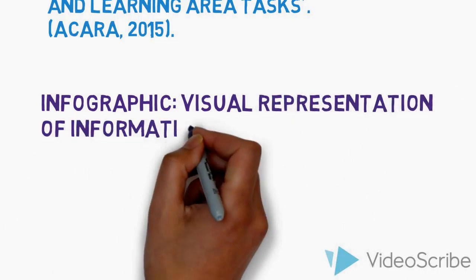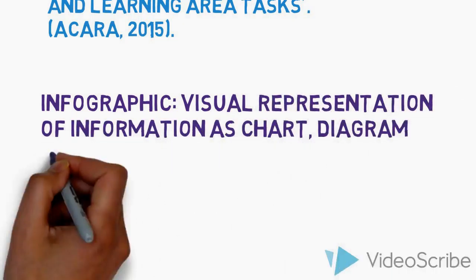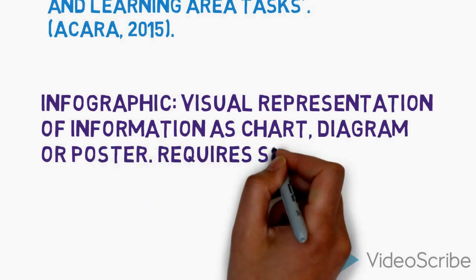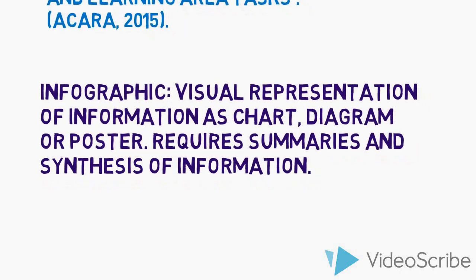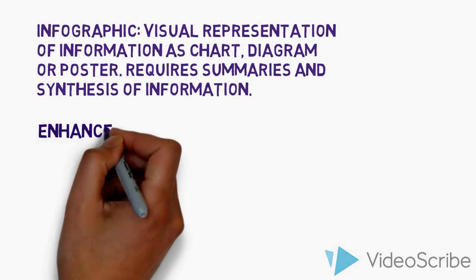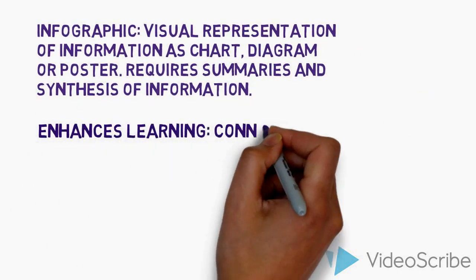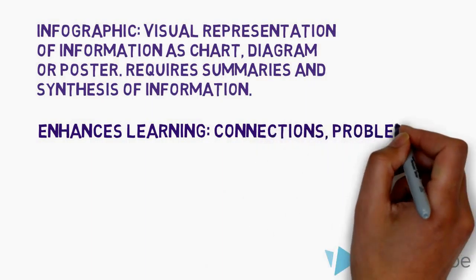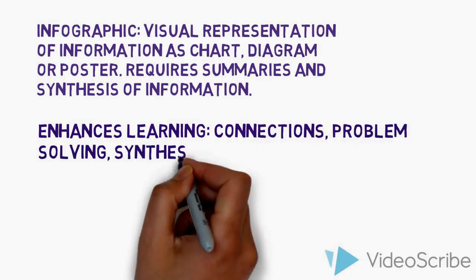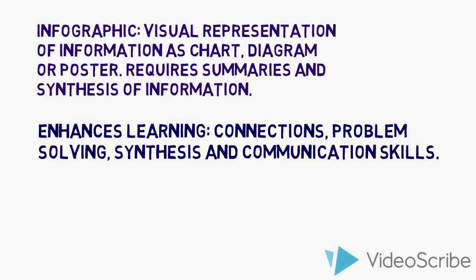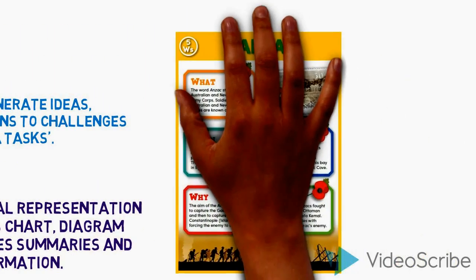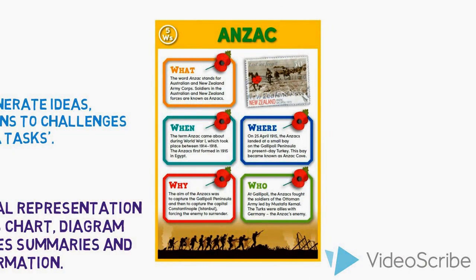An infographic is a visual representation of information organised as a chart, diagram or poster, and requires summaries and syntheses of information. The infographic would contain information answering the questions generated by the concept map. This further enhances students' learning as it enables students to make connections and practice problem solving, synthesis and communication skills. Here is a simple example of an infographic.